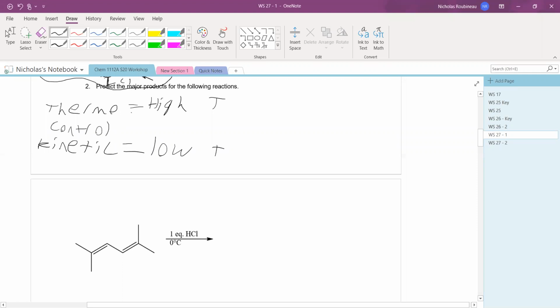So before I said thermodynamic led to the 1,4 product and kinetic led to the 1,2, and I must have heard that somewhere, but it was wrong. It's only correct when you're looking at the butadiene example, but everything else, that's not the case. So when something's under thermodynamic control, that means you're going to get the most stable products.